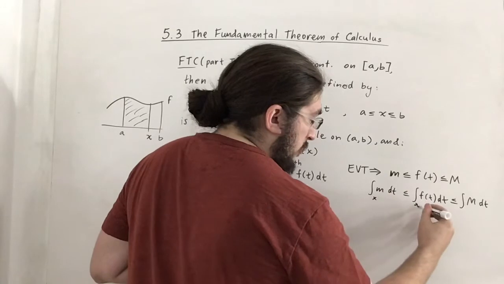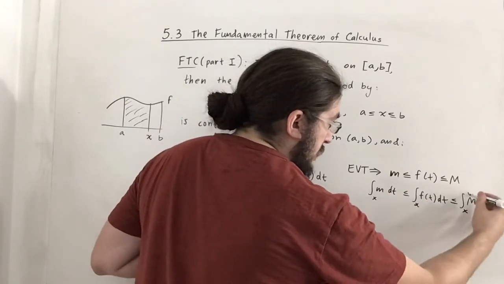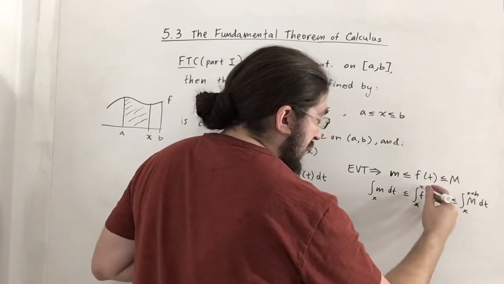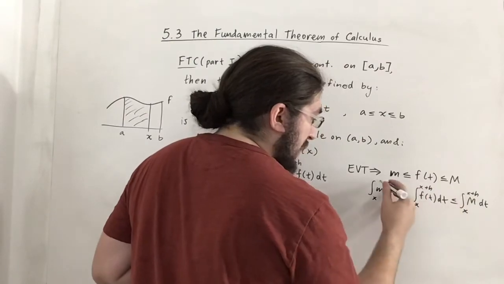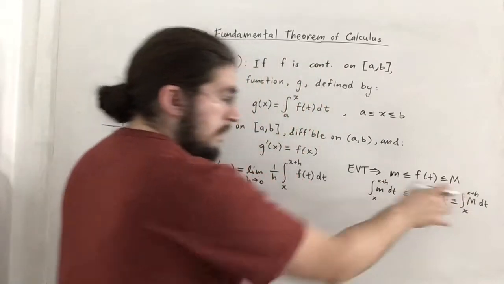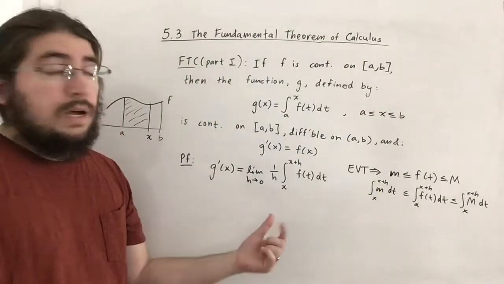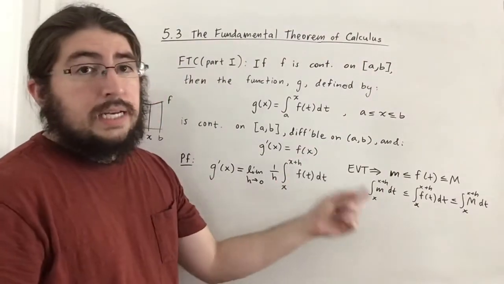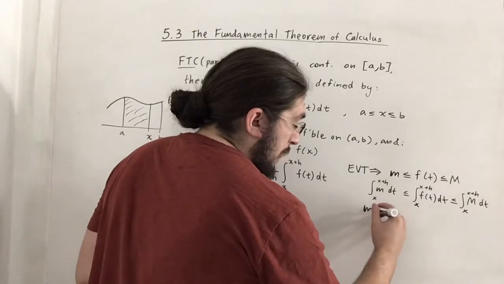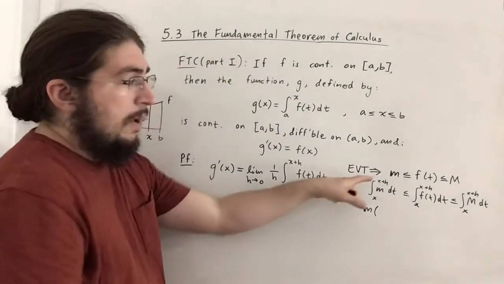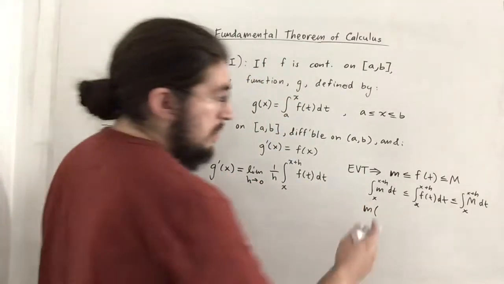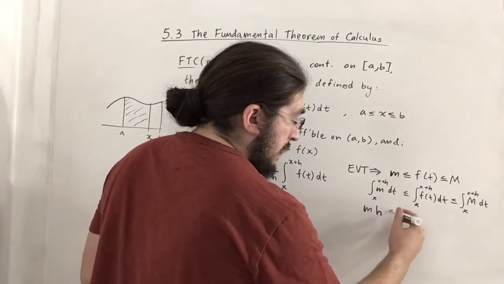We're taking the integral from x to x plus h, and what you'll notice is that since we are integrating constants on the end parts of this inequality, from what we saw from the integral of a constant, it's just that constant multiplied by the difference of the bounds. Now x plus h minus x, the x's cancel, so we literally just get m times h.